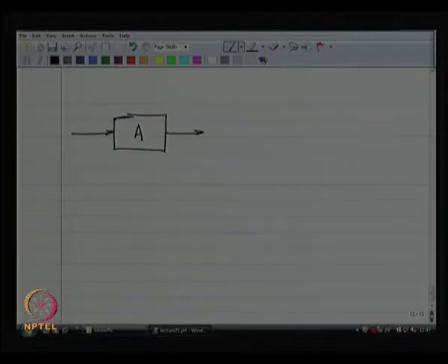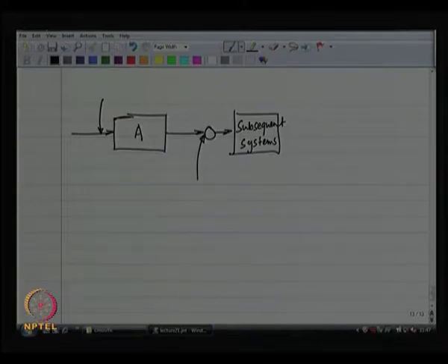This particular system has its own noise. Now, whatever noise comes after this because of the subsequent systems already see an amplified signal.